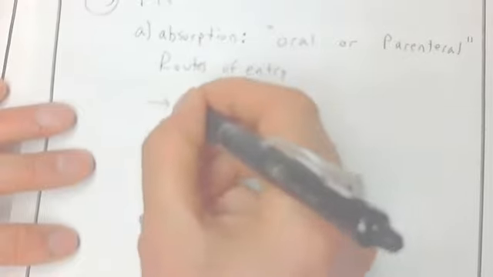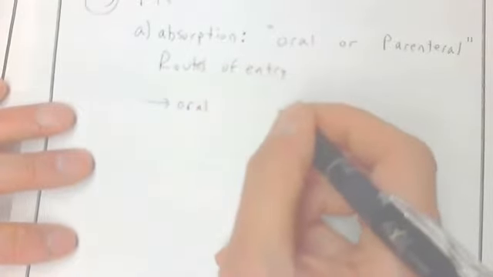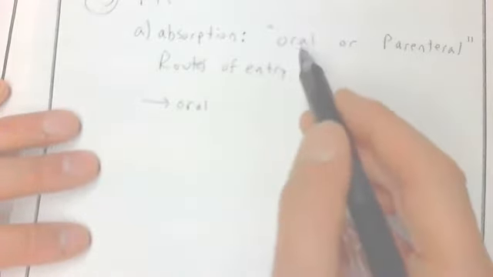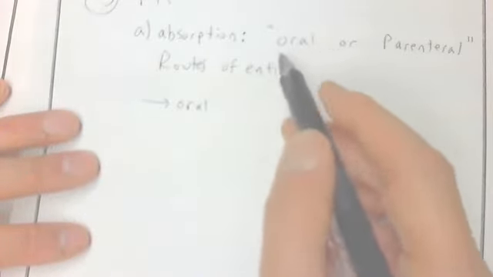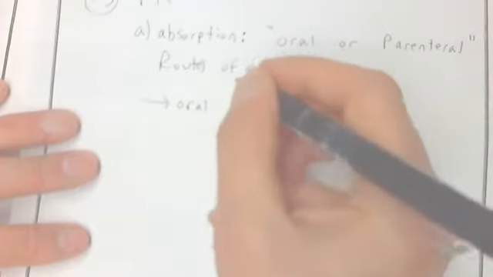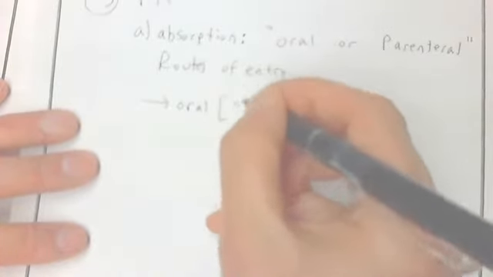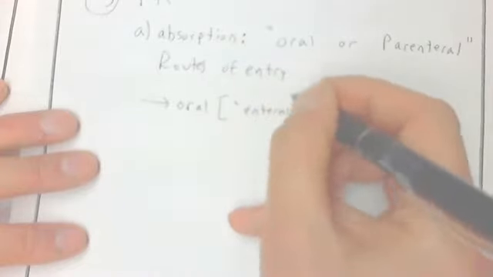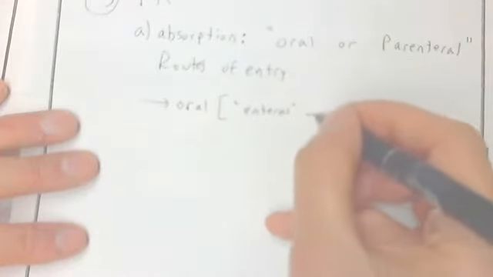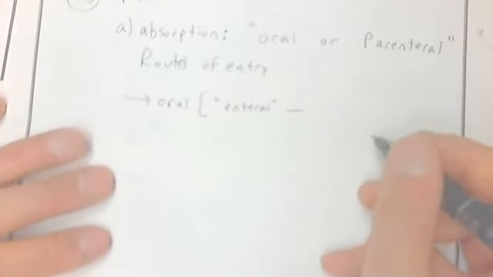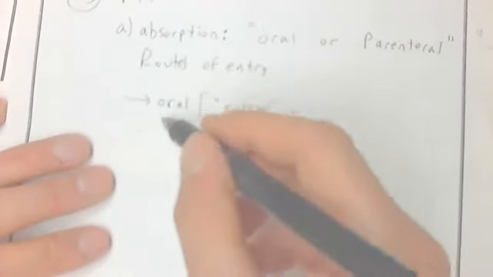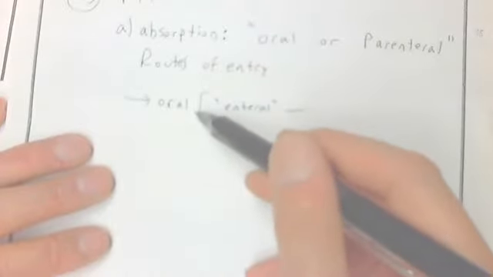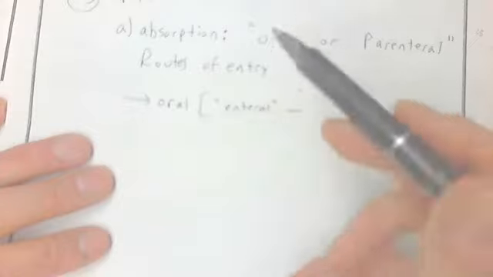Okay, so let's talk about oral first. If all of the others are parenteral, another name for oral is enteral. How does that make sense? You would take a pill, but how does it actually get into your body? Anybody know?